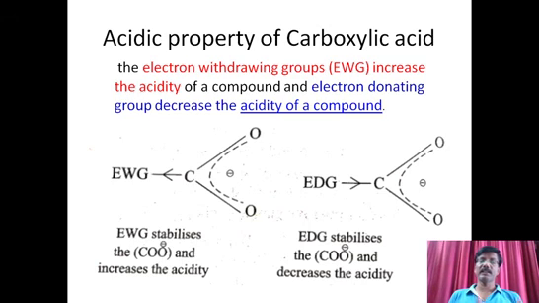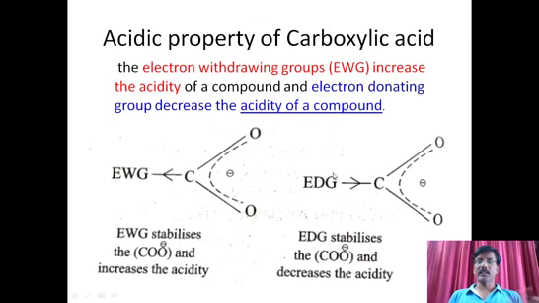If there are minus I groups attached to COOH, then they can attract sigma electrons towards them. Any electron withdrawing group can attract the electron pair back towards the group. So naturally the negative charge is reduced on COO minus. Therefore it becomes more stable. Therefore it is a strong acid. So acidic character is increasing.